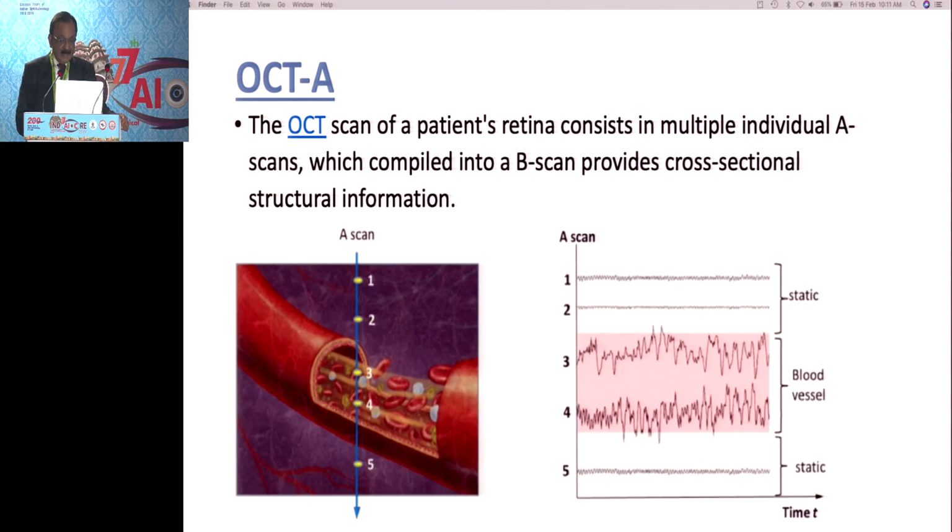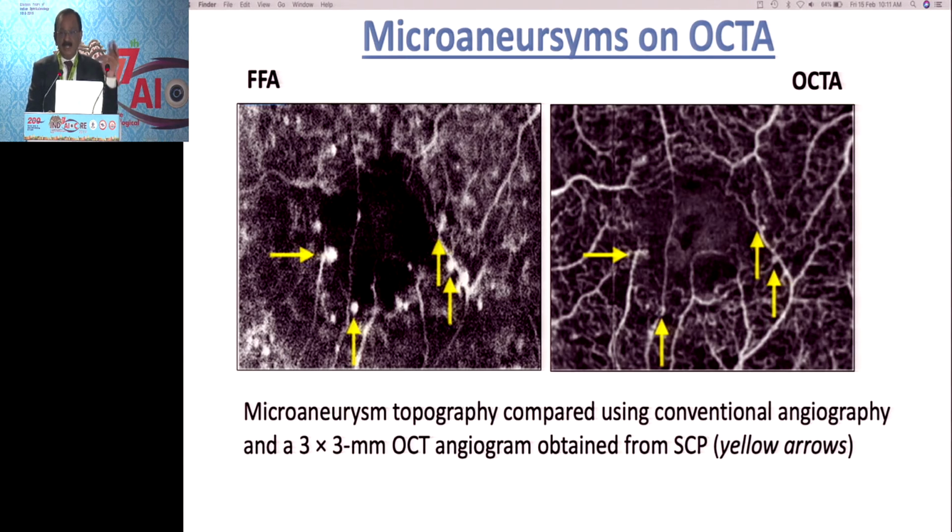The OCT scans the patient's retina with multiple individual A scans, which are compiled into a B scan to provide cross-sectional structural information of the vessels in various layers.